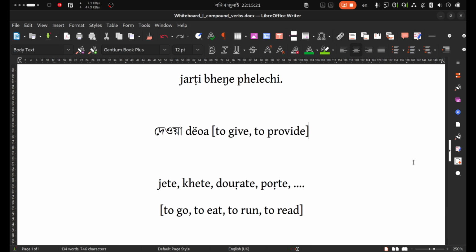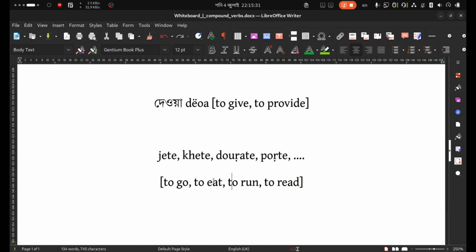But since those are dictionary forms, most of the time we write it like this: to give, to provide. But these to do verbs suit better with this form, the te ending: jete, khete, dourate, porte. And it will be clear with examples. I want to go, আমি যেতে চাই.